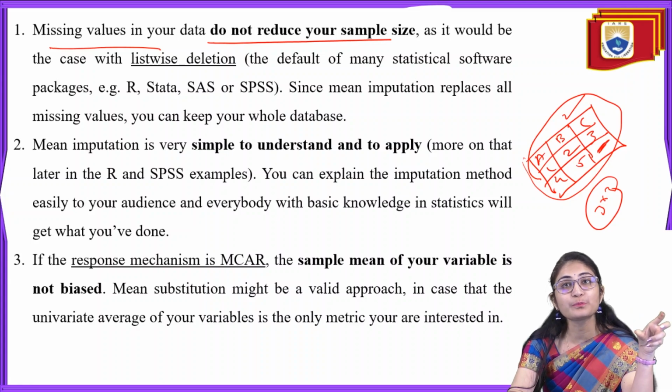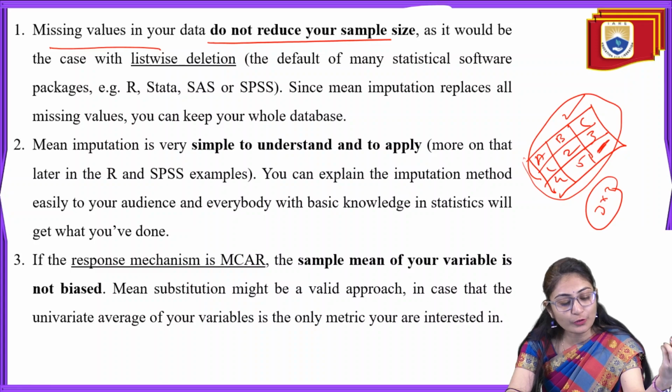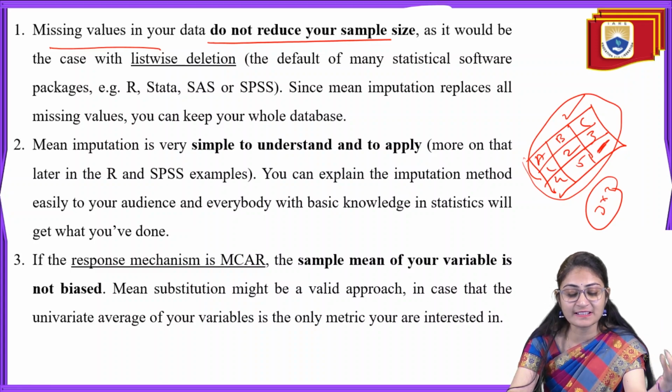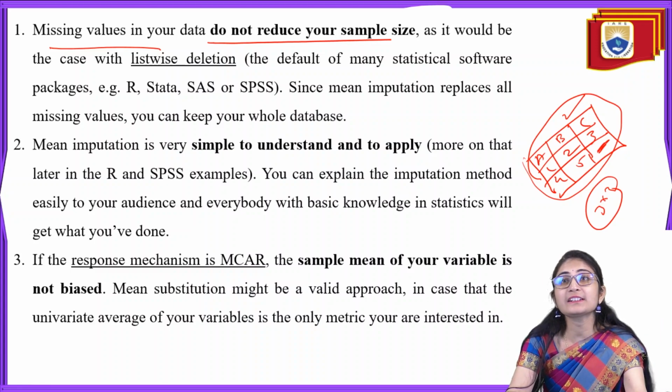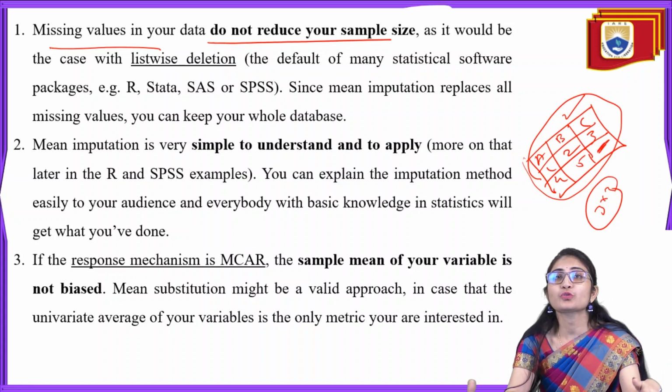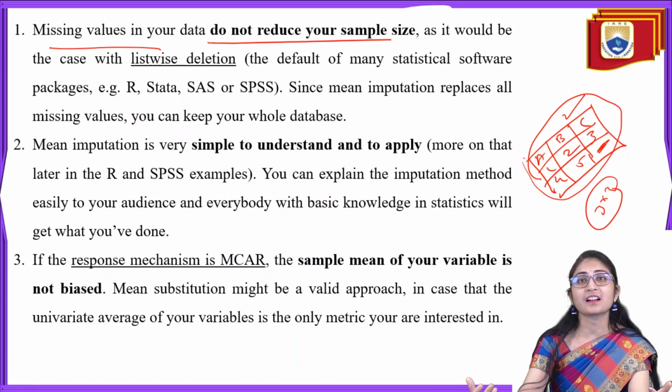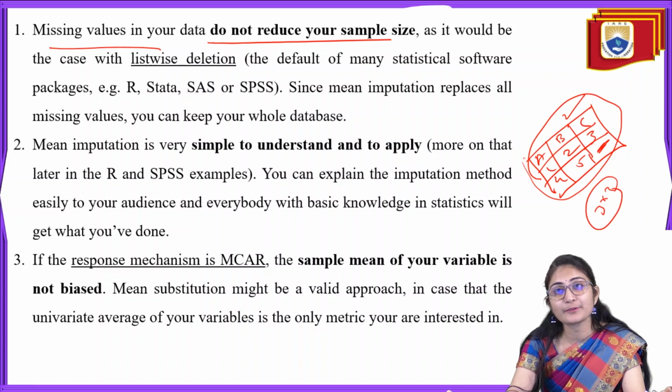If any values are missing in your data, it will not reduce the sample size, which would be the case with listwise deletion, the default in many statistical software packages like R, Stata, SAS, SPSS. So mean imputation replaces all missing values and you can keep your whole database.